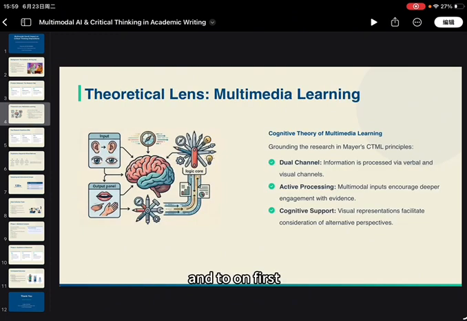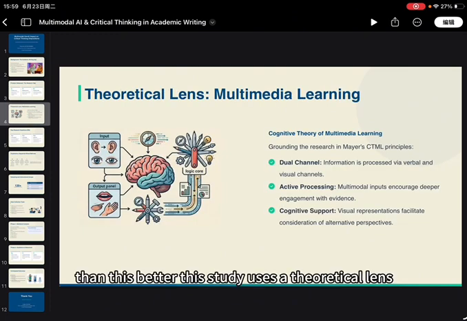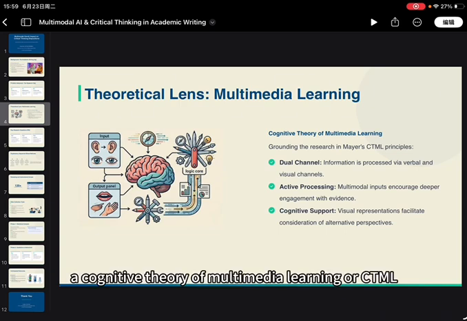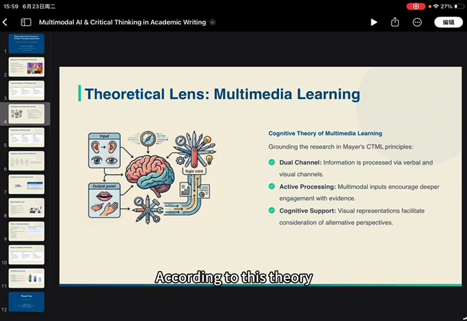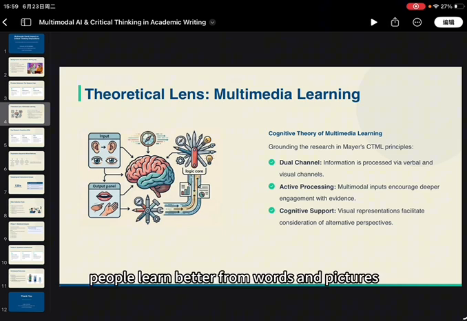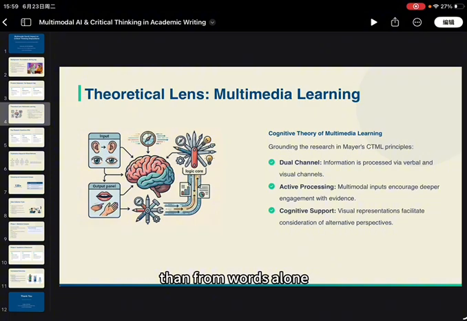And to understand this better, this study uses a theoretical lens, Mayer's cognitive theory of multimedia learning, or CTML. According to this theory, people learn better from words and pictures than from words alone.